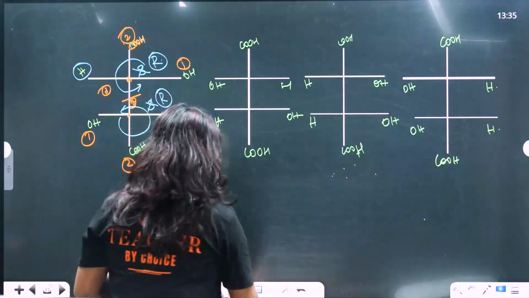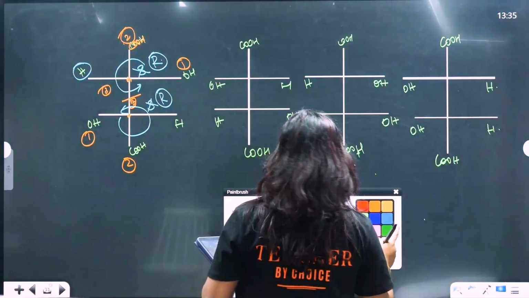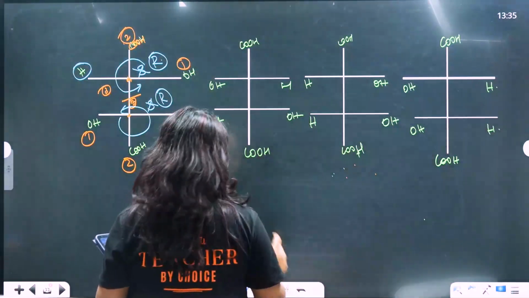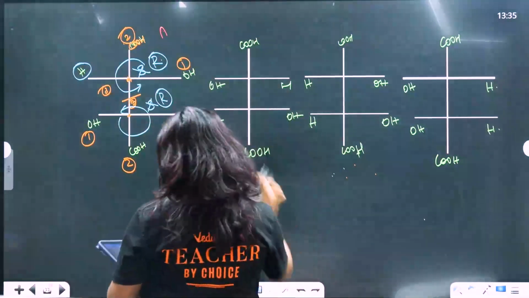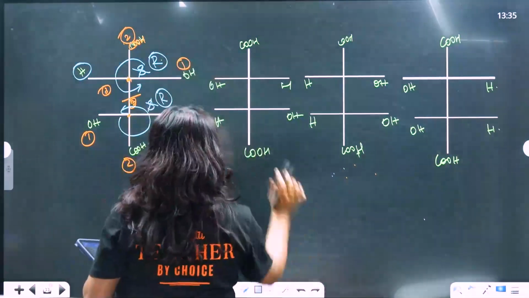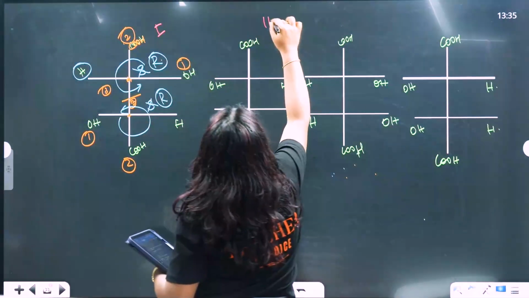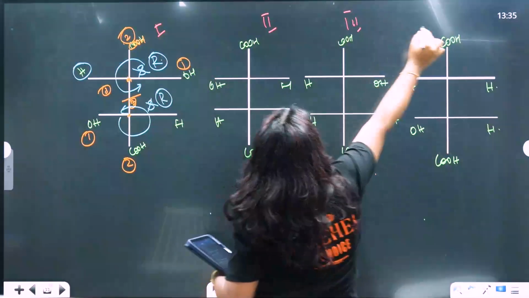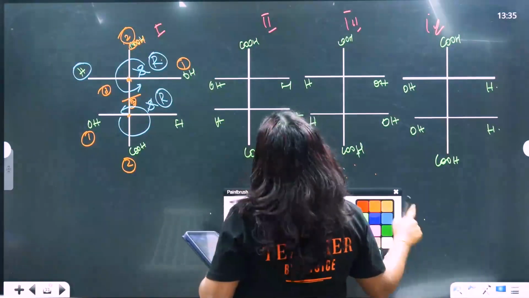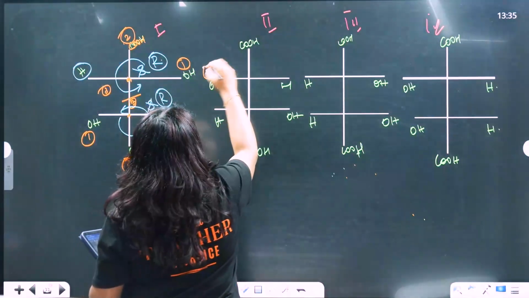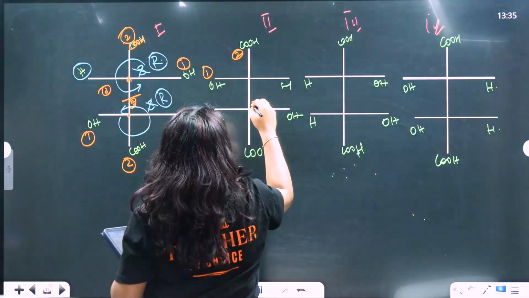Now, next carbon. Next one, next compound. This is your compound A, B. I will write the name. A or 1, 2, 3, and 4. Next one, first one, second one, third one, right?